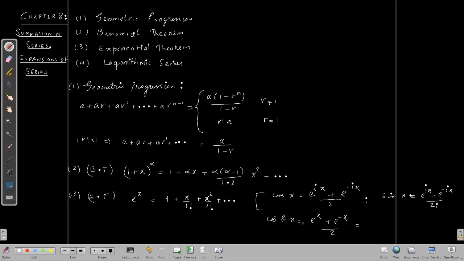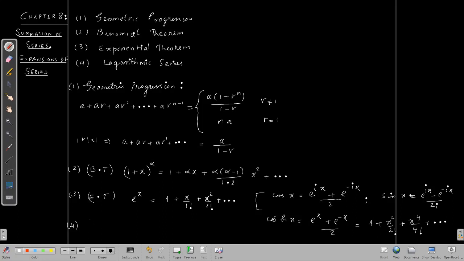Then I will write this cos hx here, that is 1 plus x square by 2 factorial plus x raised to 4 by 4 factorial plus etc. The only difference between this cos hx and cos x is that here all the terms are positive. In cos x we get alternating plus and minus due to the presence of this i. So these are the series we need to remember in the exponential case.